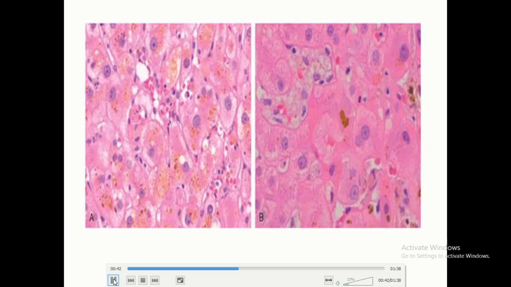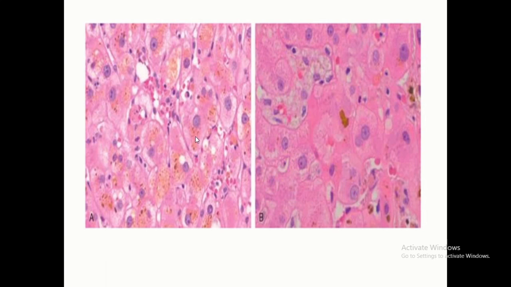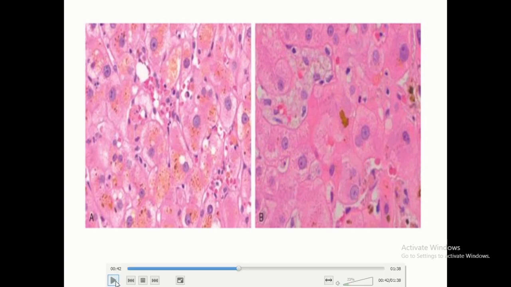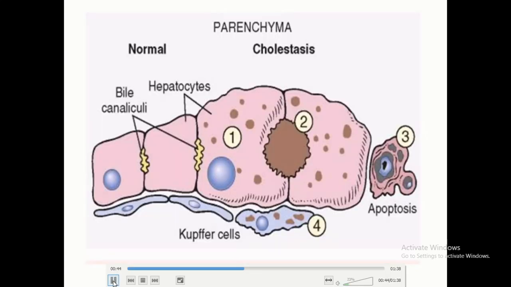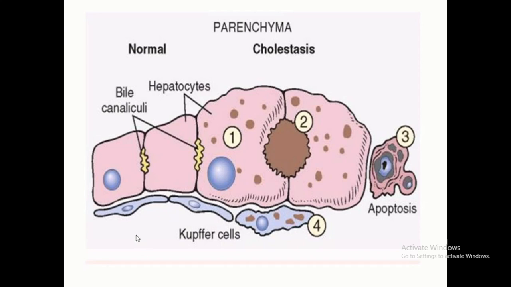So, as you can see in this histopathological picture, hepatocytes contain this golden brown pigment and they are showing feathery degeneration. And if obstruction and accumulation persist, it may lead to death of the hepatocytes and biliary cirrhosis.